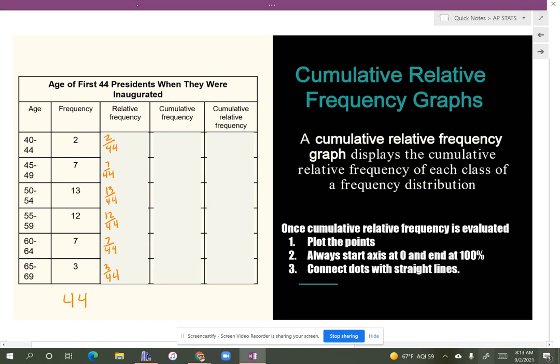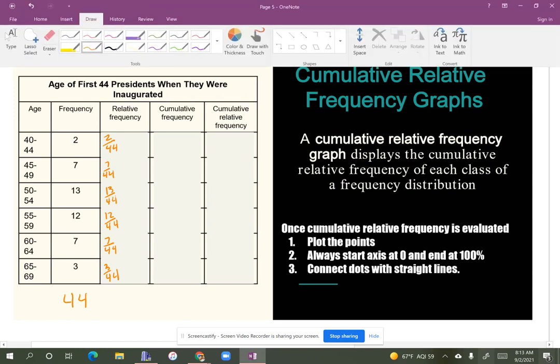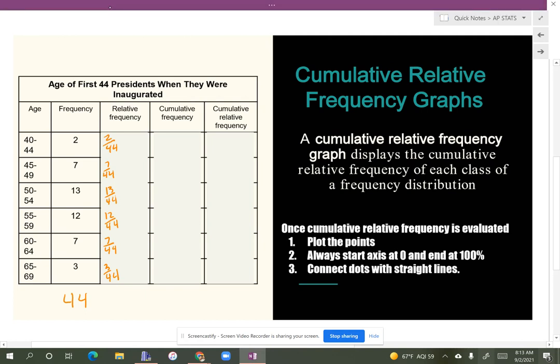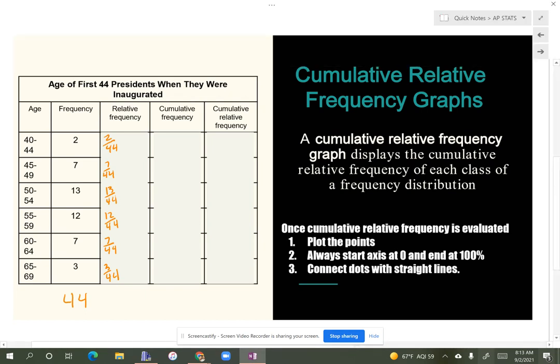So when you get your calculator going and you start finding all of those percents, you end up getting 4.5%, 15.9%, 29.5%, 27.3%, 15.9% again, and then 6.8%.